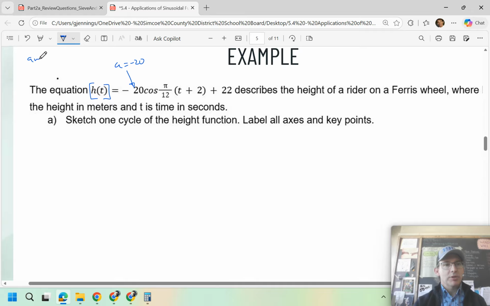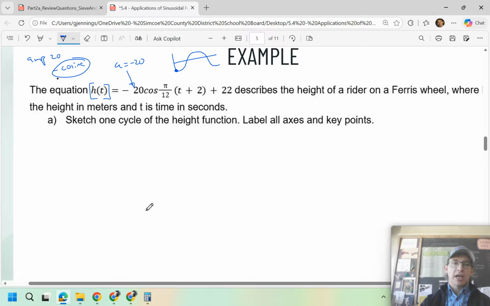So we have an amplitude of 20, and we are starting with negative cosine. Negative cosine, just starting with a quick sketch in my mind, starts in winter, starts at midnight, and goes up. That's one period of negative cosine. So I'm just having that in my mind.